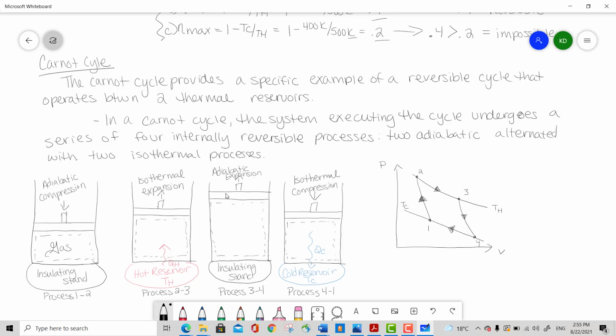And then I've shown that on this PV diagram, where we start at 1 and we're going up in pressure, and then from 2 to 3 we're going on that constant temp line, but we're going down in pressure as well. And then 3 to 4, we're going from temperature hot to temperature cold, also down in pressure, and then back around for a complete cycle.